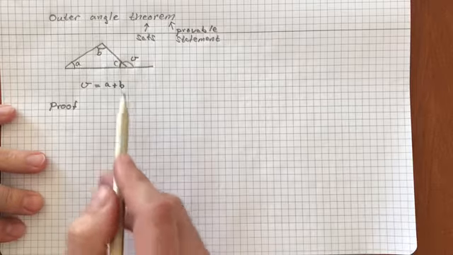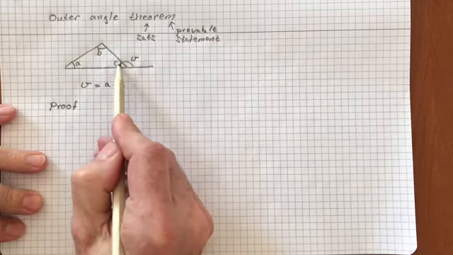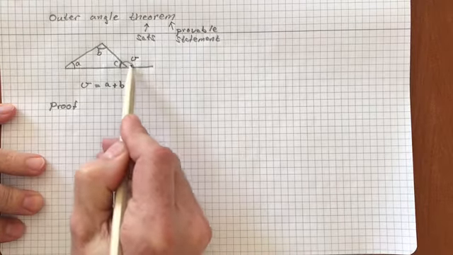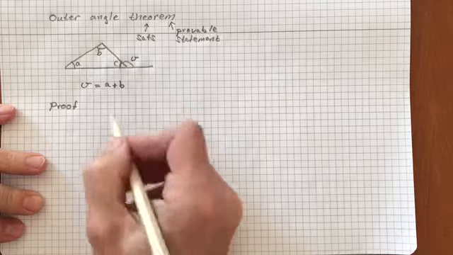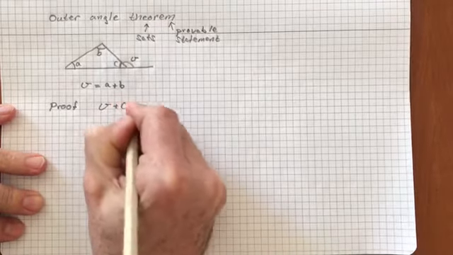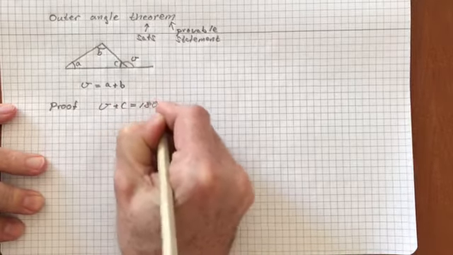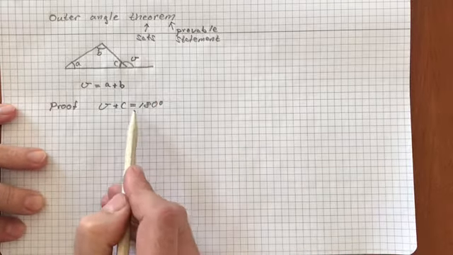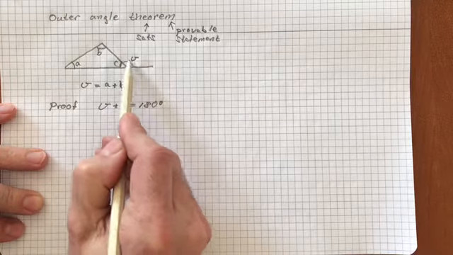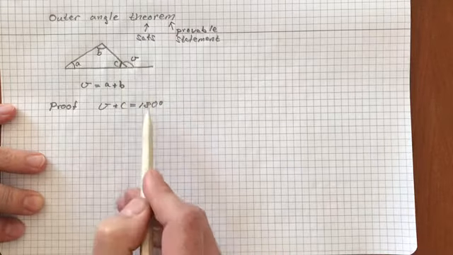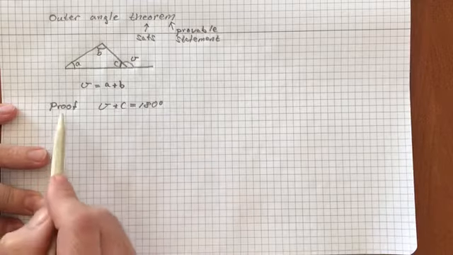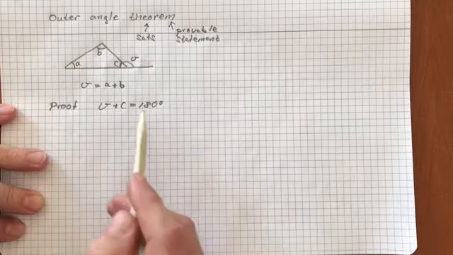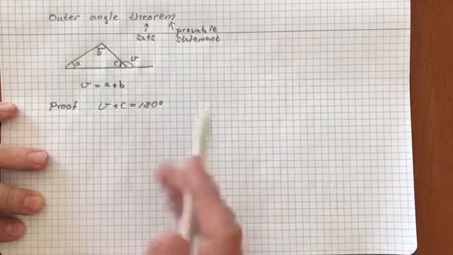Well, let me start with these 2 angles, V and C. We know that these both lie on a straight line like this. Therefore, V plus C is equal to 180 degrees. That's true because of the definition of this angle. The straight angle like this is 180. So to prove something, we need something in the beginning that's already true, that's already been proven or defined.